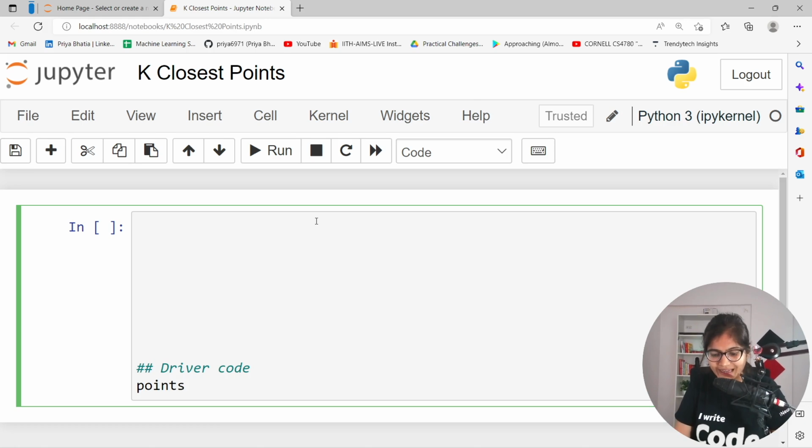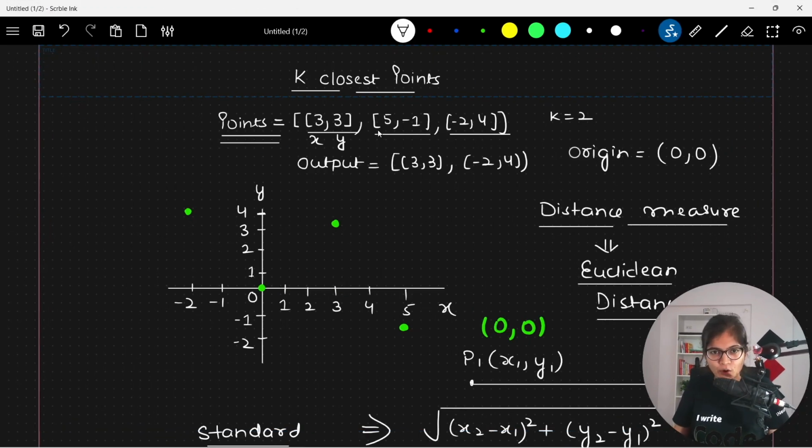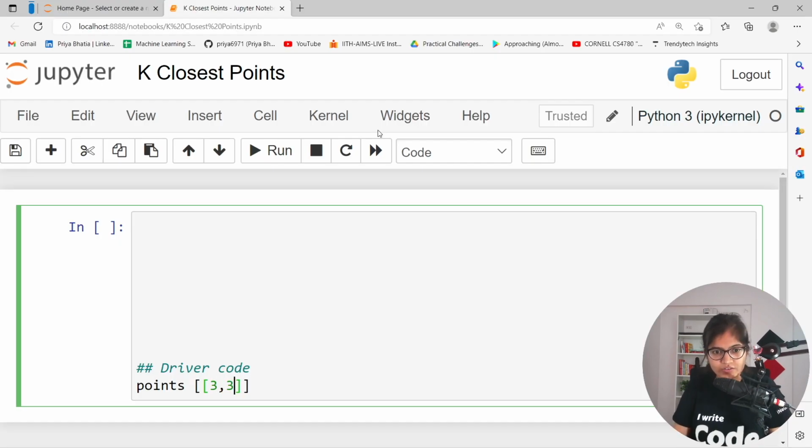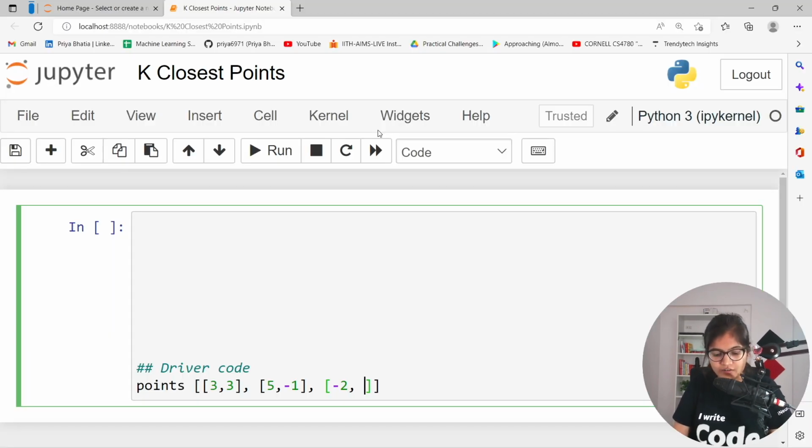So let me go back. I will take the same points: 3, 3, then 5, -1, and then the third point as -2, 4.